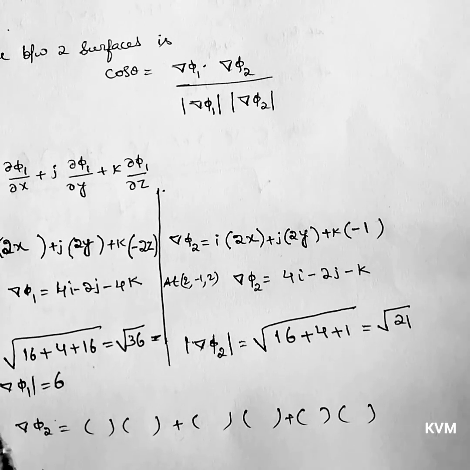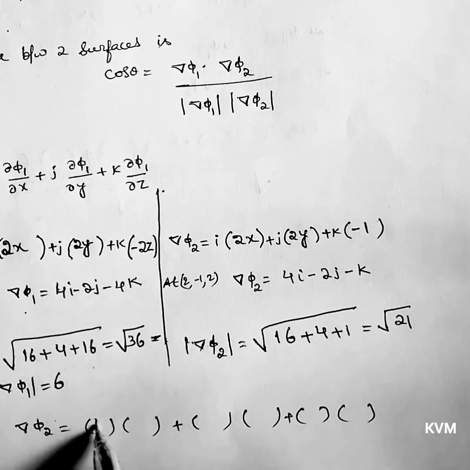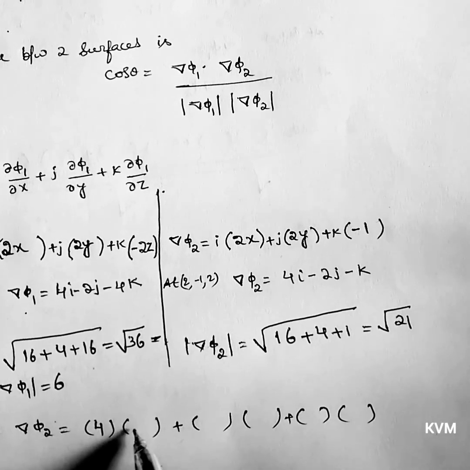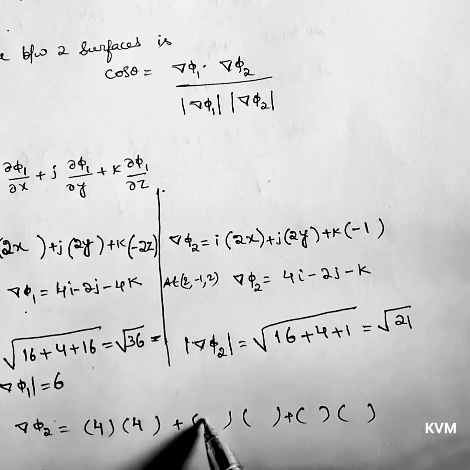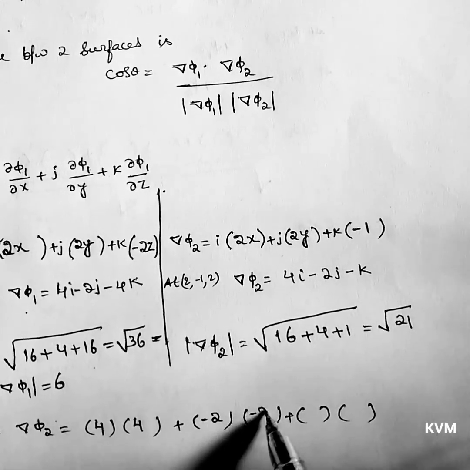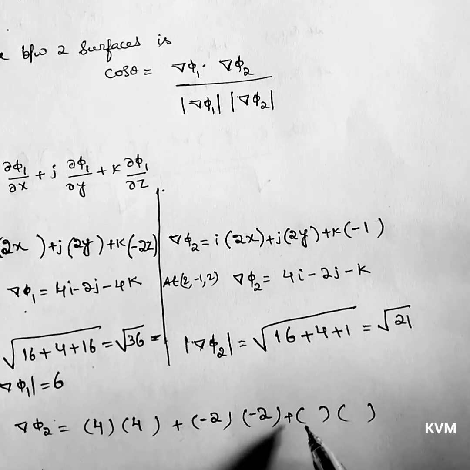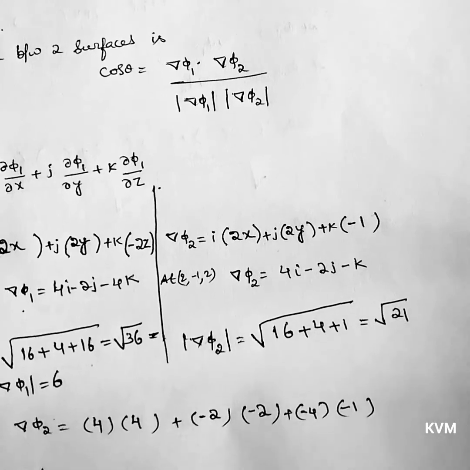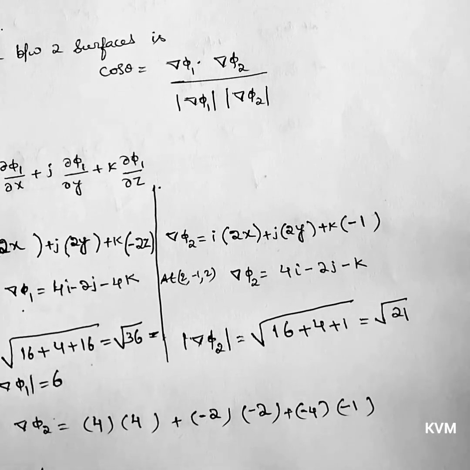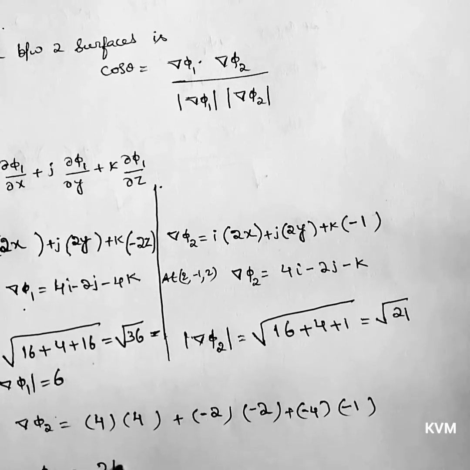Now find the dot product of del phi 1 and del phi 2. So that is coefficients of i, 4 into 4, coefficients of j, minus 2 into minus 2, coefficients of k, minus 4 into minus 1. Then dot product of del phi 1 and del phi 2, after simplifying, we get 24.